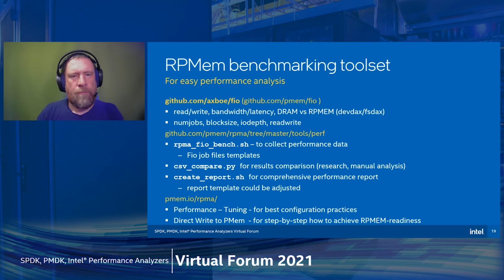Together with the library, we have developed benchmarking environment for that purpose. The librpma FIO engine, together with benchmarking manuals and a set of scripts, allows everyone to measure RPMem performance in various configurations. I especially encourage you to read the documentation and learn how to build and configure benchmarking environment.